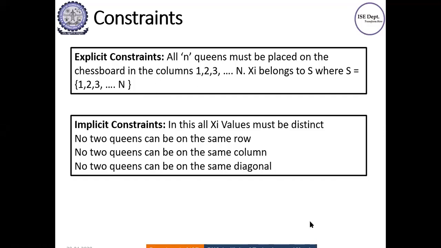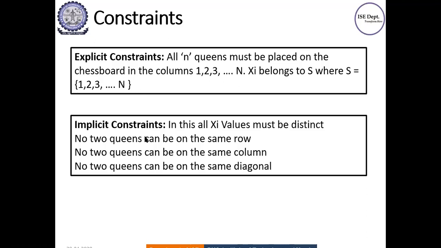So xi belongs to S, a set that is 1 to n. It should have values only in the given set, so xi can take only values from 1 to n. This is the explicit constraint.